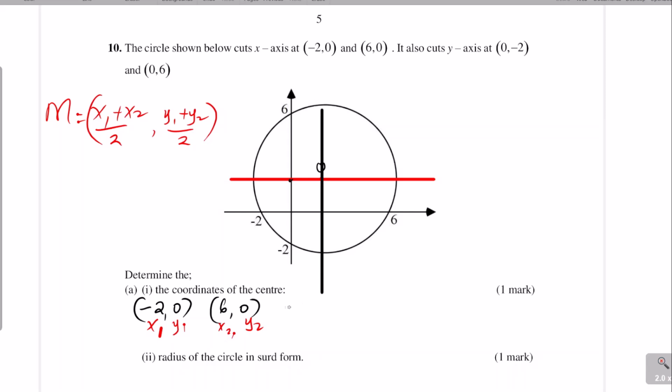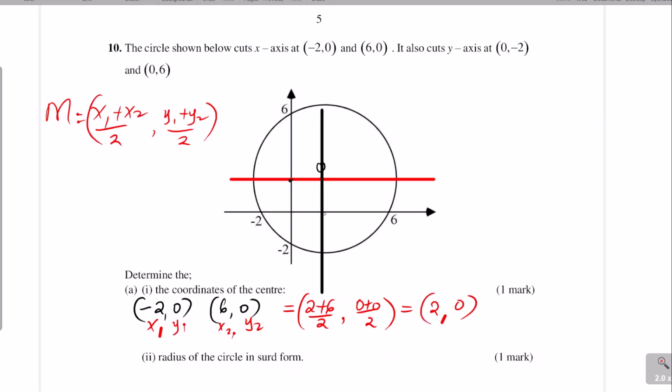So the midpoint here will therefore be -2 plus 6 divided by 2, then y1 plus y2, this is 0 plus 0 divided by 2. And this will be 4 over 2, so it will be (2, 0).